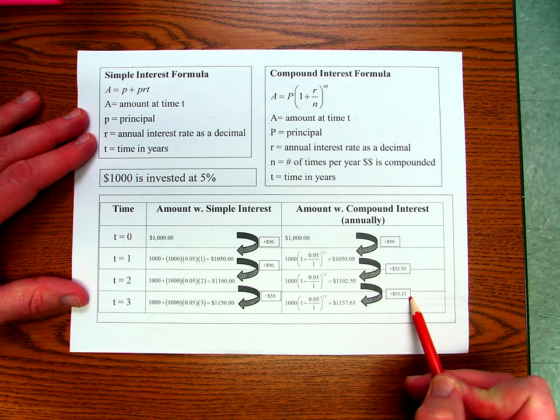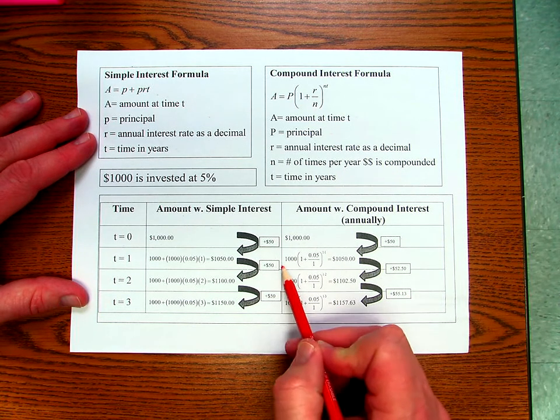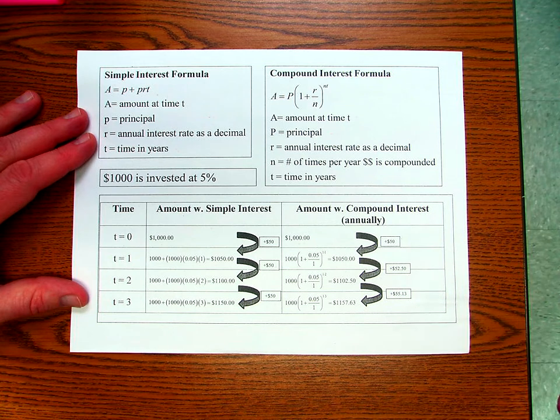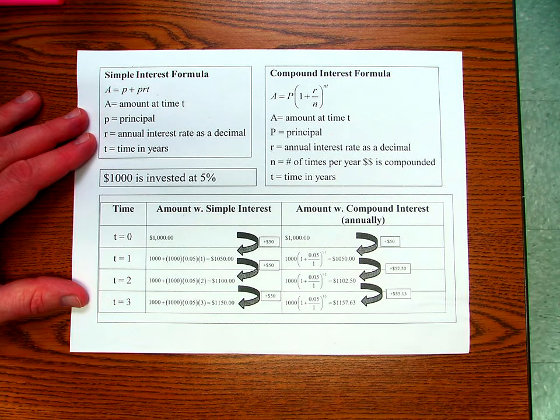And then the third year, we have interest on the principal plus interest on the original interest plus interest on the new interest. So your money grows exponentially as opposed to linearly. The amount of interest you get goes up each year under a compounding scenario as opposed to a simple scenario.